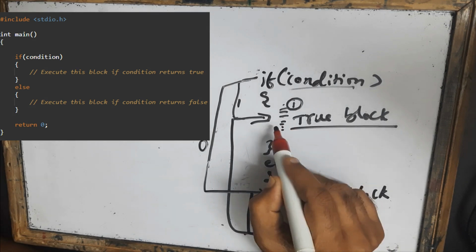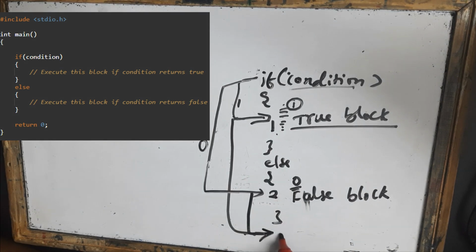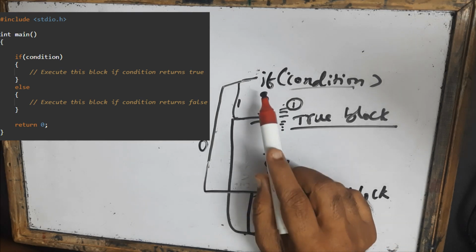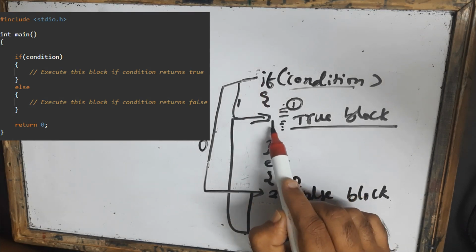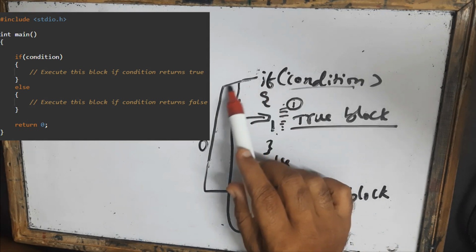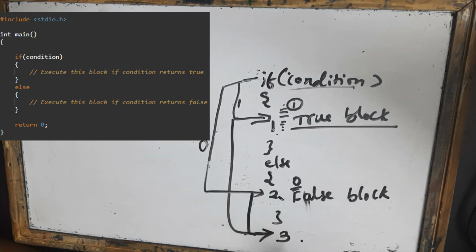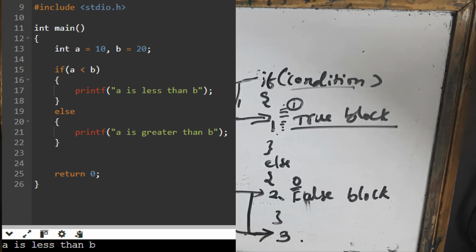You can say this is point number 1, this is point number 2, this is point number 3. If it is true, then it executes point number 1, then goes to point number 3 directly. If it is false, then point number 2, then goes to point number 3. That is how it works.